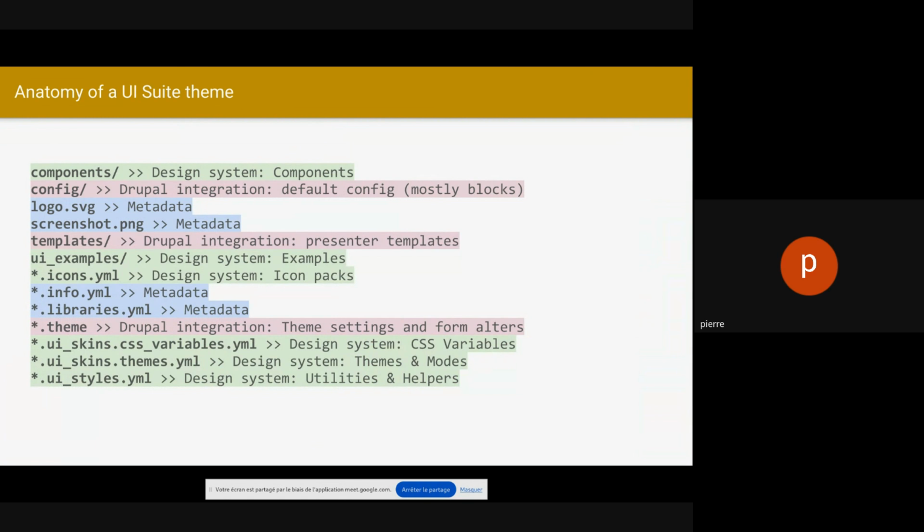You will have the design system implementation with the SDC components, UI Examples, the icon file, UI Skins and UI Styles files. And you will also have some glue for Drupal: default config, presenter templates, and unfortunately, some hooks in the theme file. So the goal is to have less and less of those and more of the green.